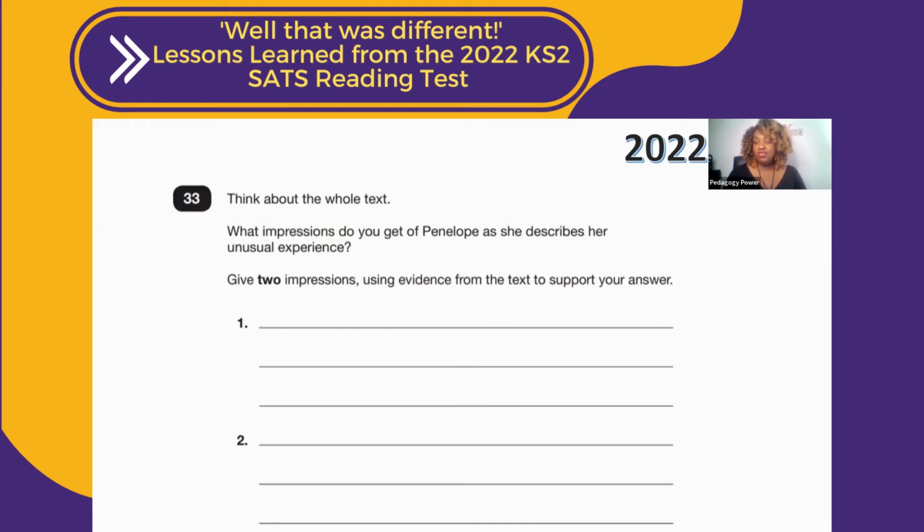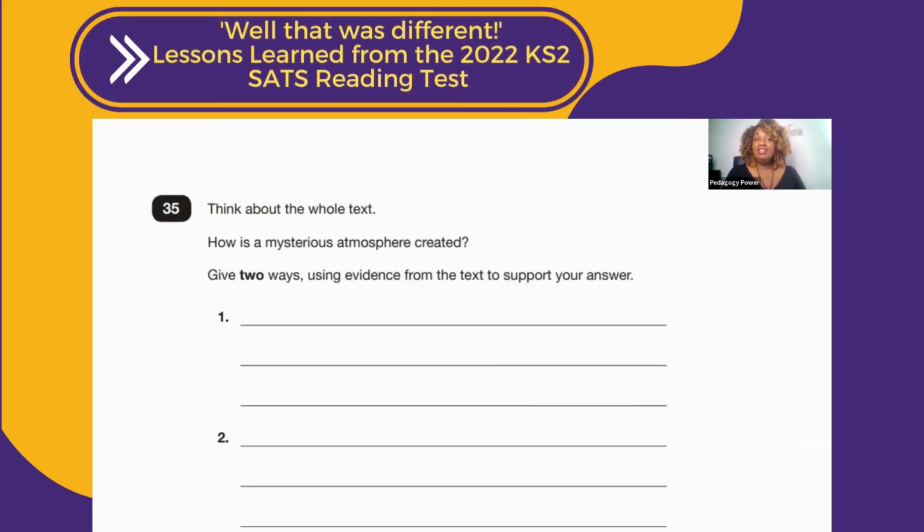They have removed those columns and rows and made it a little more accessible by giving children the opportunity to write at length, giving their impressions, 2 separate impressions, and giving their evidence to justify the answer. And this style of question appears again. So 3 markers have evolved in terms of what they look like between 2016 and 2022.